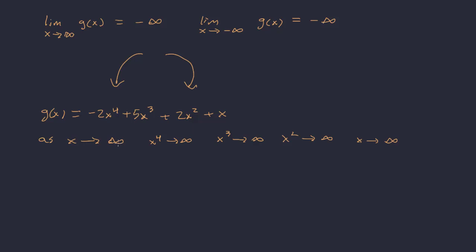Because as x increases without bound, if you take something like 10 million and then you raise it to the fourth, that is going to be a gigantic number. So this is 10 to the 7th, so x to the fourth will be 10 to the 7th to the fourth, which is going to be 10 to the 28th power.